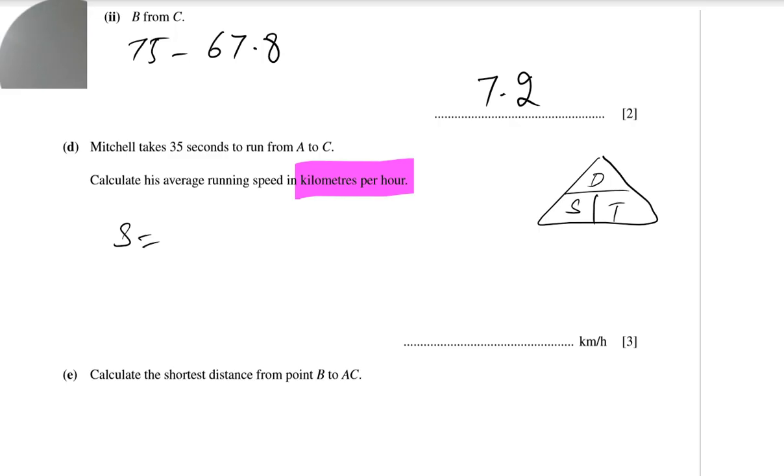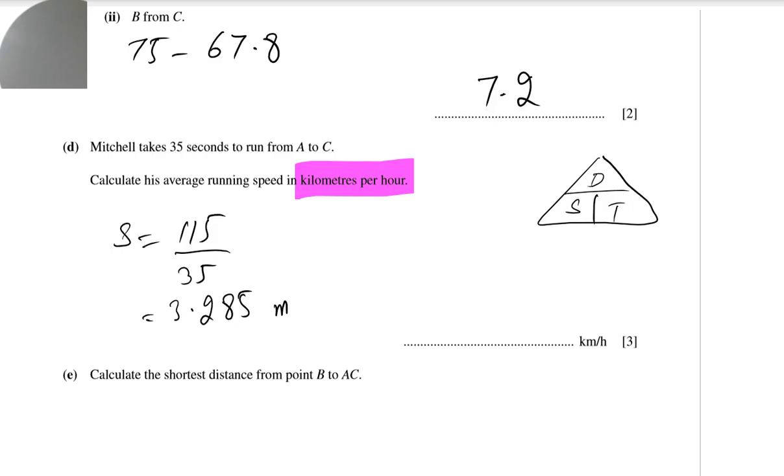If you forget this thing, you will find speed as distance over time. So distance is 115, time is 35. 115 divided by 35, 3.285.